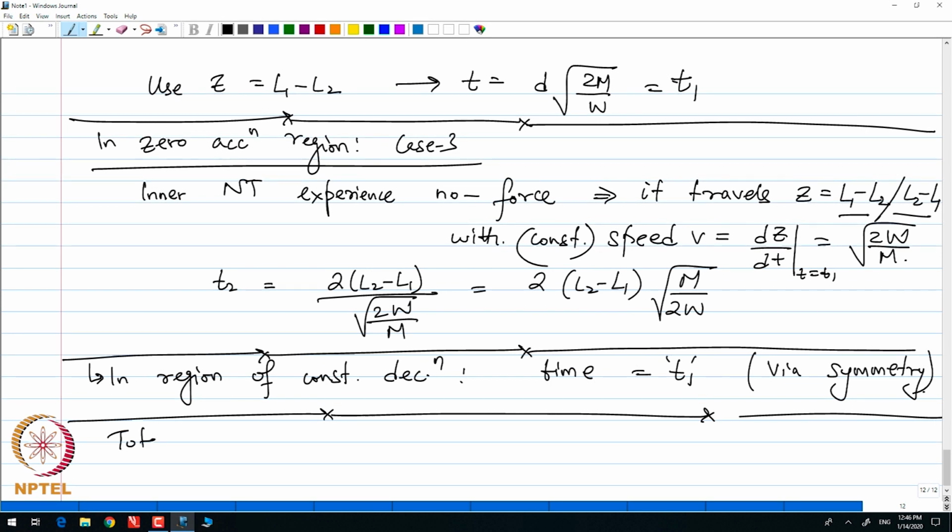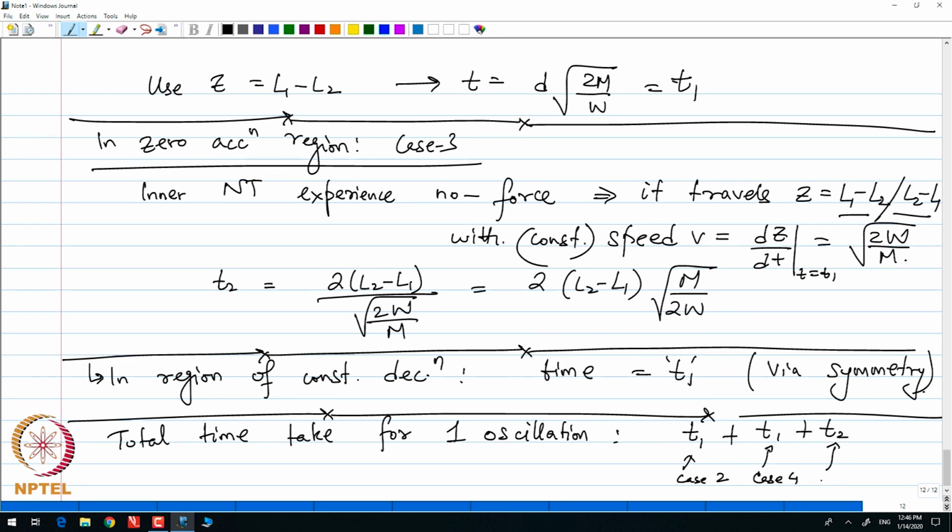The total time taken for one oscillation will be the time taken in the region of constant deceleration, that is in case 2, plus the time taken in case 4, which is via symmetry the same time, plus the time taken in case 3, which is the region of constant speed, times 2, because the motion gets repeated after going from one end to the other.